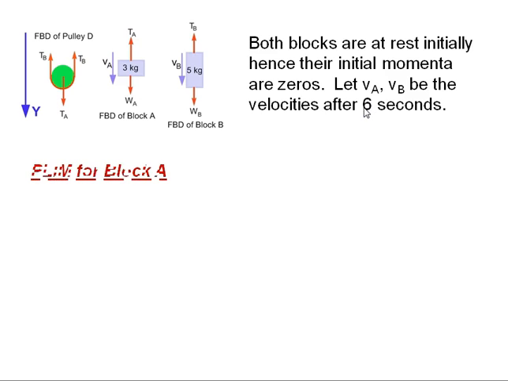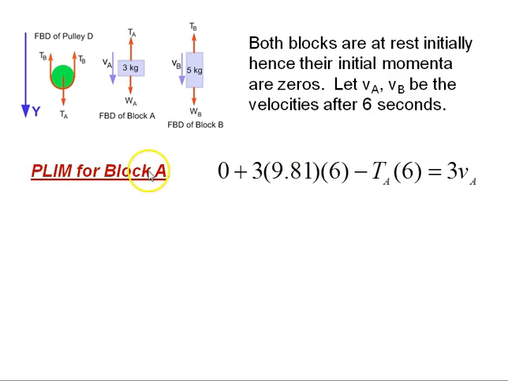With this set out, we'll try to write an equation of PLIM for block A. Initial momentum is 0 because initially the block is at rest, and then impulse is contributed by two forces.